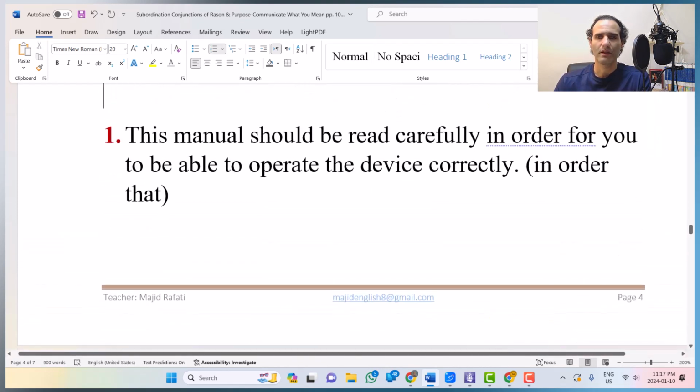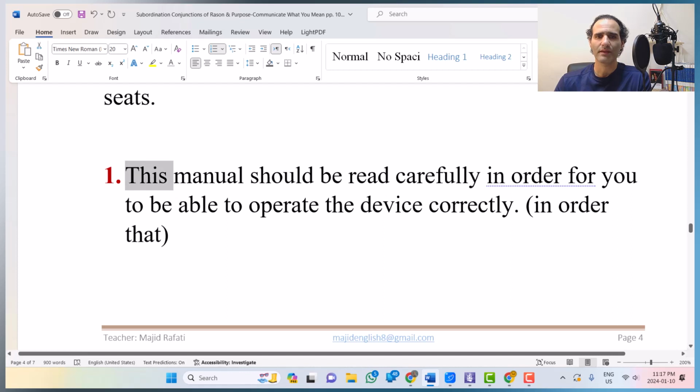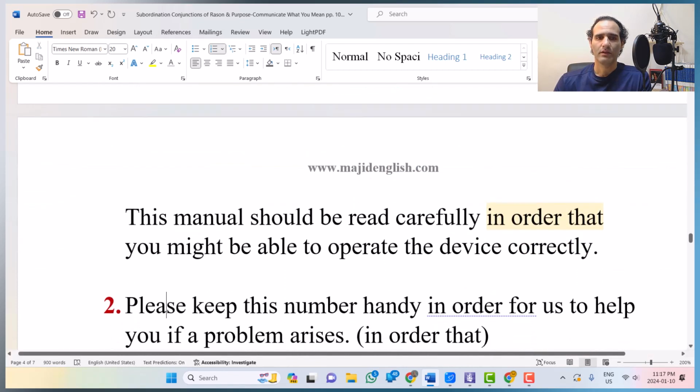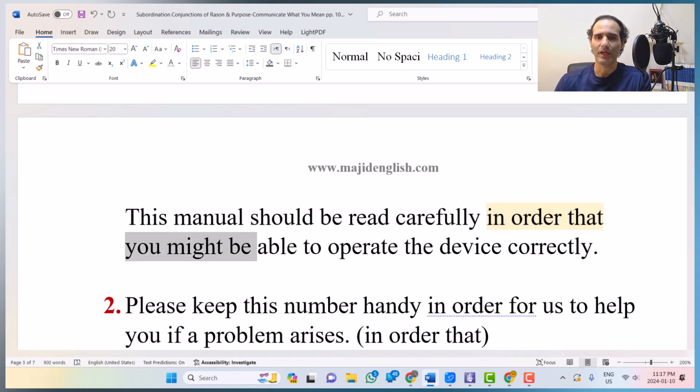Now, number 1, this manual should be read carefully in order for you to be able to operate the device correctly. In order that this manual should be read carefully in order that, independent clause, you might be able to operate the device correctly.